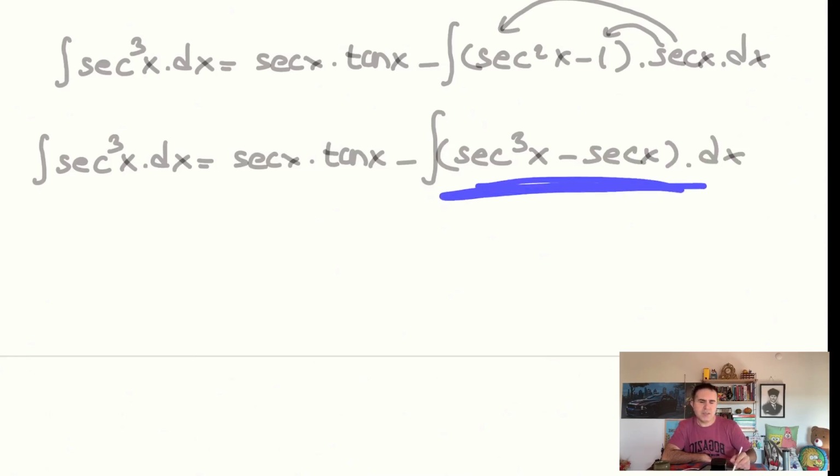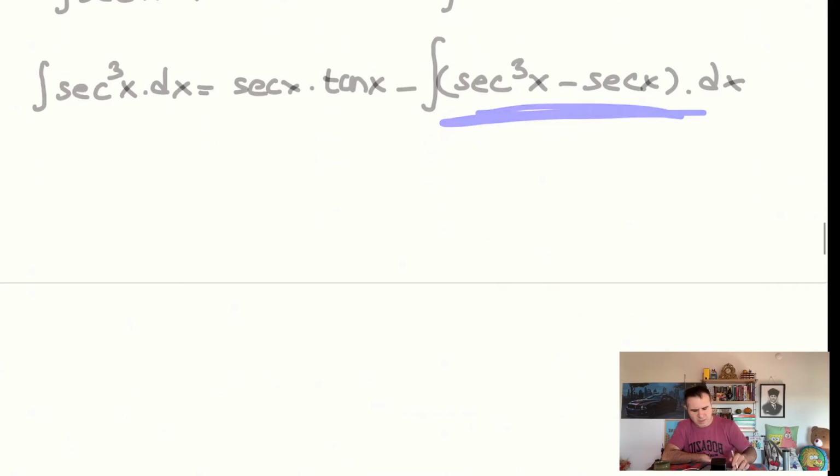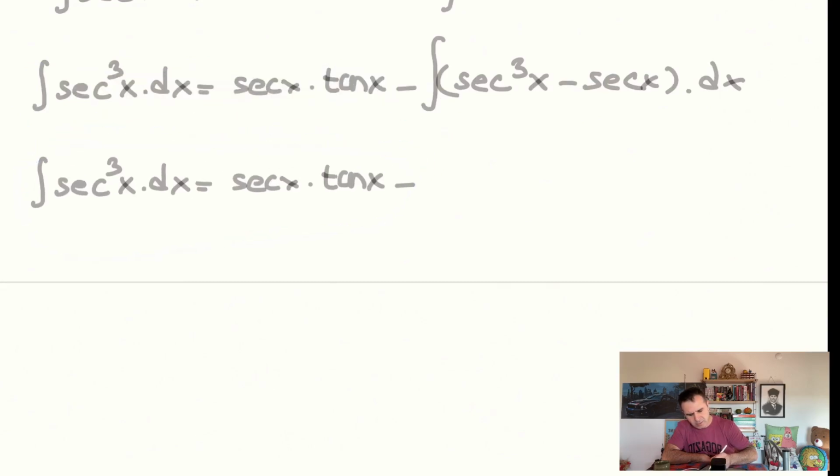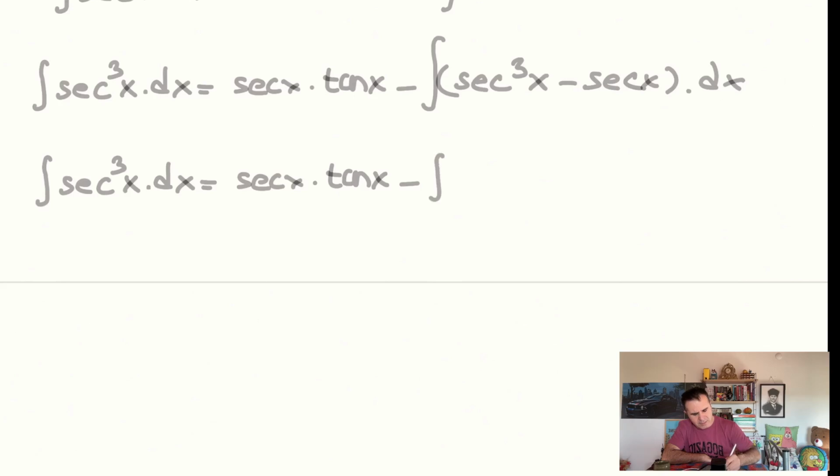We can split this integral into two parts, and I will do it. Minus secant cube x dx, and minus secant x is equal to plus secant x. Plus integral secant x dx.